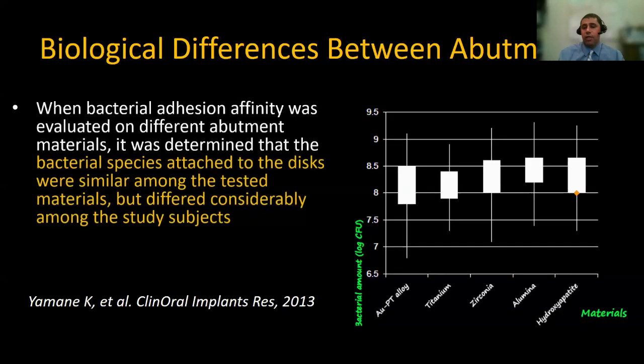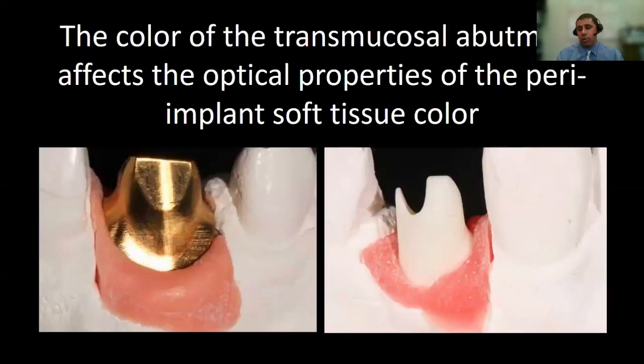If we look at the various abutment materials, the difference in bacterial species around, let's say, zirconia or titanium is almost very, very similar. The difference is not statistically significant. However, some of the recent studies show less accumulation around zirconia abutments because of the way they are manufactured and polished, while earlier studies show less accumulation around titanium abutments.